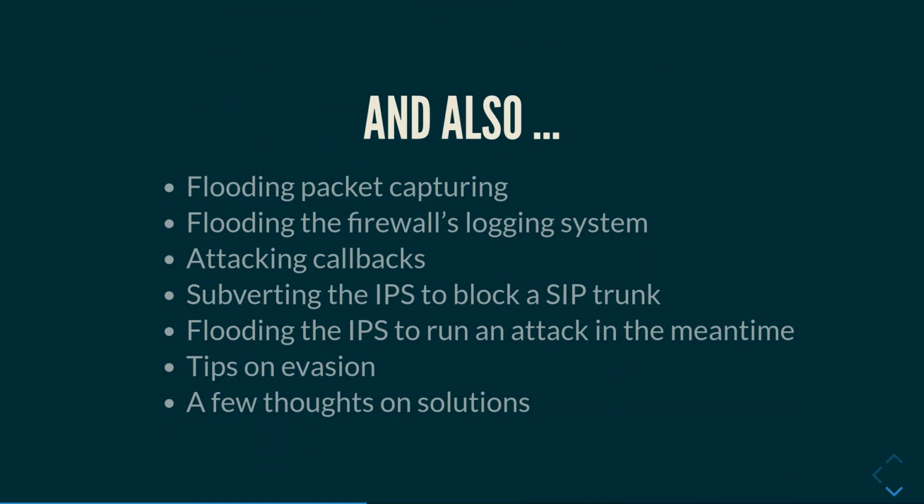We had some slides on flooding packet captures and the firewall. Then we talked about attacks specific to calls, subverting the IPS to block SIP trunk by spoofing. Then we looked at flooding the IPS so that it becomes useless. And finally, we had some tips on evasions, methods, and our thoughts on solutions.